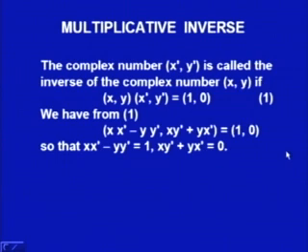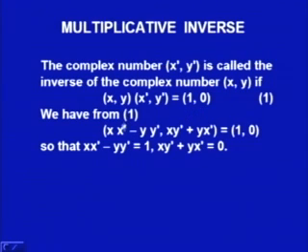The complex number x dash comma y dash, that is x dash plus i y dash, is called the inverse of the complex number x comma y, that is x plus i y, if the product x comma y into x dash comma y dash equals the multiplicative identity 1 comma 0, that is 1 plus i 0.